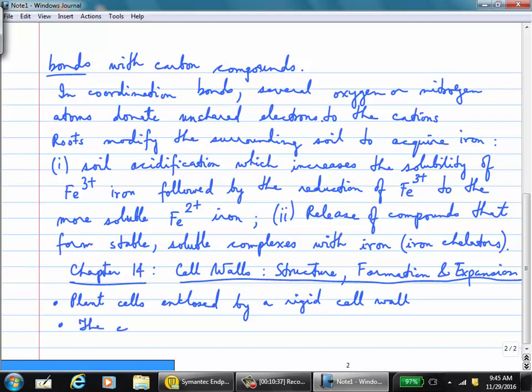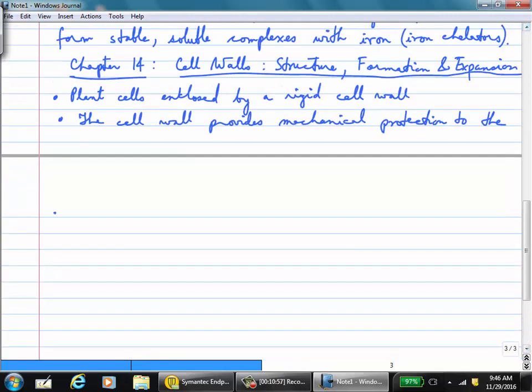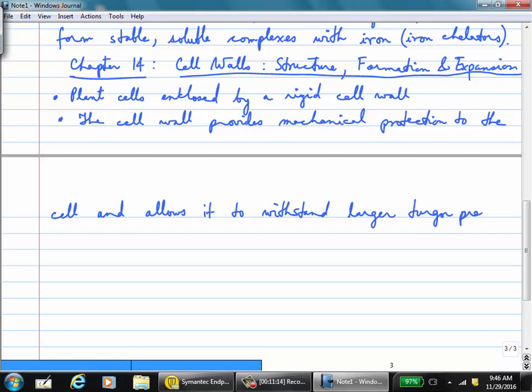The cell wall provides mechanical protection to the cell and allows it to withstand large turgor pressure. Right, we've talked about this before, right?